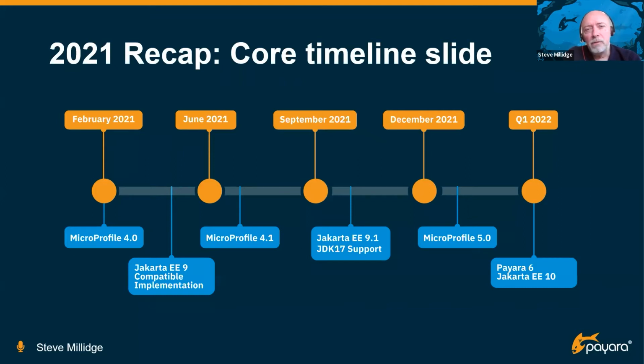So we now have a 9.1 compatible implementation, and we have JDK 17 support in the community. Enterprise for JDK 17 will follow a little later, simply because there's a lot more testing that needs to be done to recommend that as a complete upgrade. But we haven't seen any problems at this point.